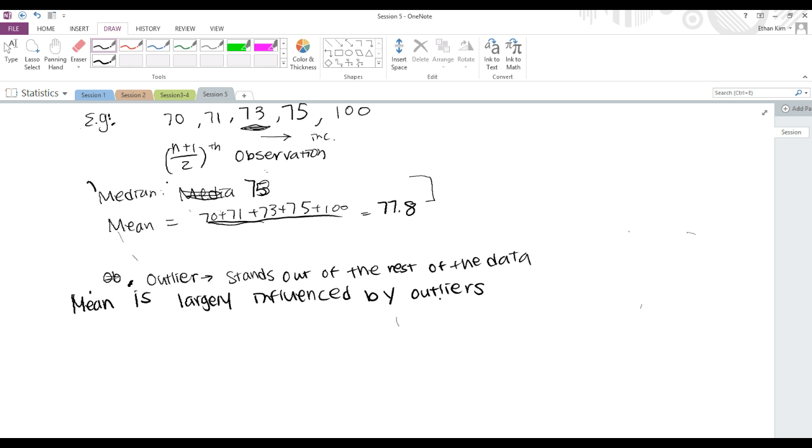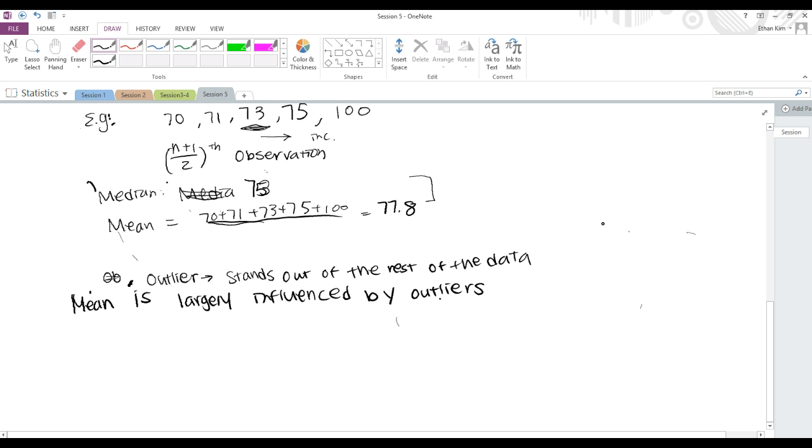Should we do an Excel example? No, wait, let's just move on. I do want to go over some examples in Excel, but we will do that when we go over variance and other topics as well.